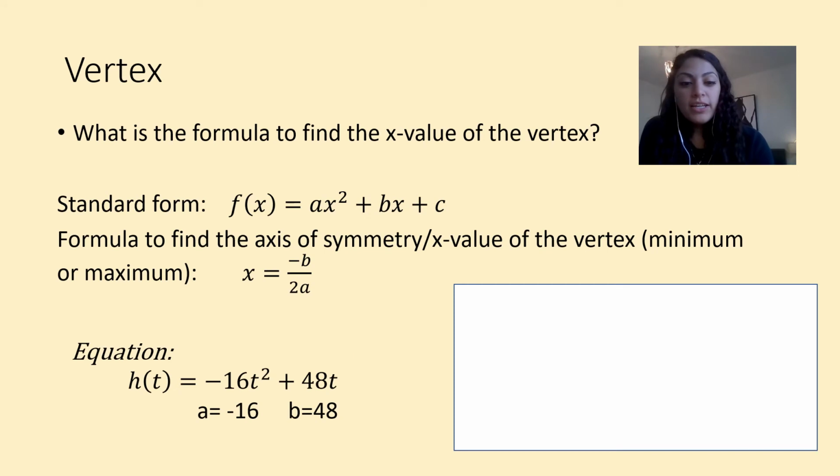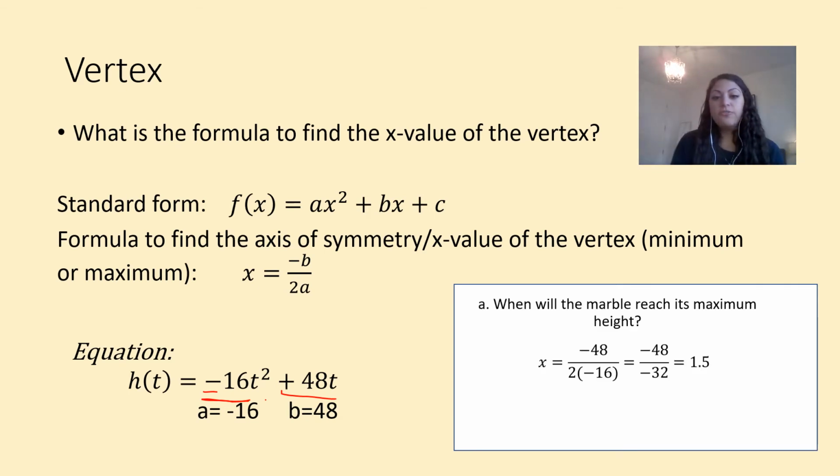So we have our equation, h of t equals negative 16t squared plus 48t. So our a is the negative 16 because it's in front of the t squared. Our b is the 48. So we're going to plug it into our formula. We get negative 48 divided by 2 times negative 16.